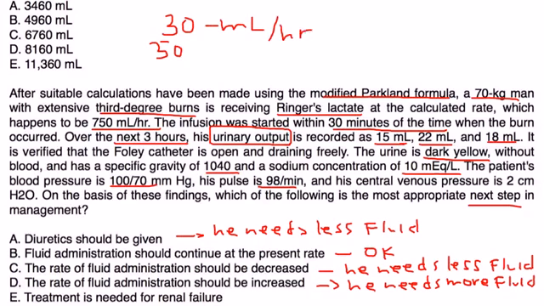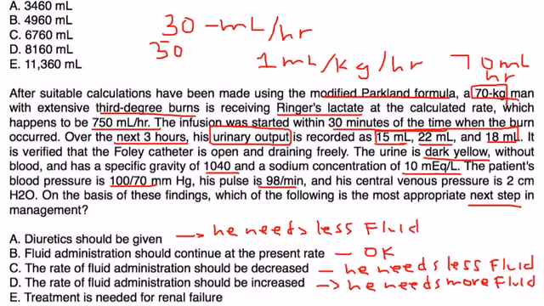And if you really want to use a formula, you can use 1 ml per kg per hour. So that would give you, with a weight of 70, about 70 milliliters per hour. Now he's producing way less each hour after the burn, so he is not getting enough fluid, so he needs more fluid. So based on that, the answer is D.